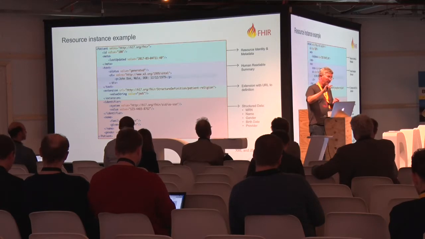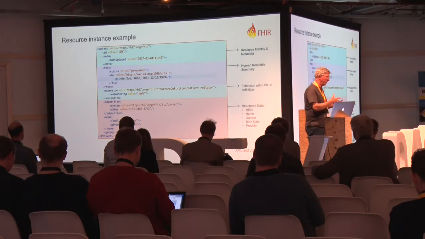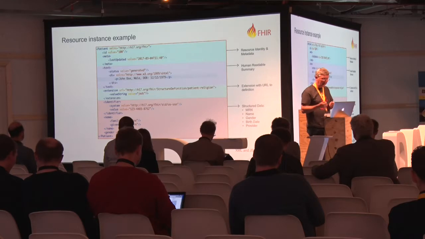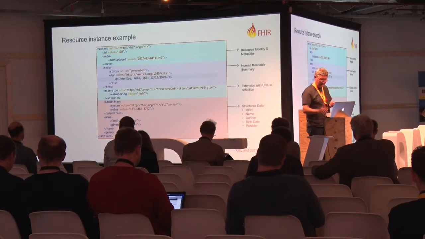Again, a core part of FHIR is to say that if you receive a resource which has an extension you don't understand, you can use that URL to find out what it means. And then the last part of that is the structured data which comes out of the spec. In this case, it's a patient example, and you can see there's an identifier and a name. So those are the 4 main parts of any resource.